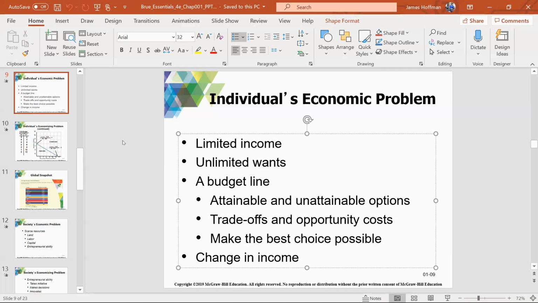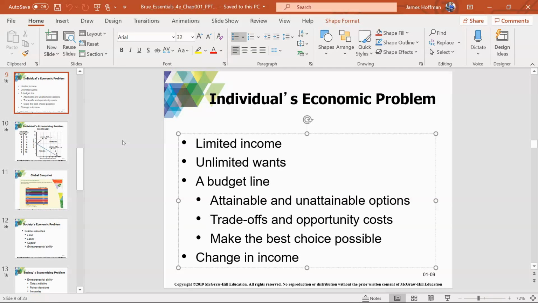Okay, so consumers or individuals have limited income based on budgets. They have unlimited wants, but they have to choose a point on the budget line. The budget line is going to show us the attainable and unattainable options for the individual decision maker. We'll understand the opportunity cost in terms of what you give up.